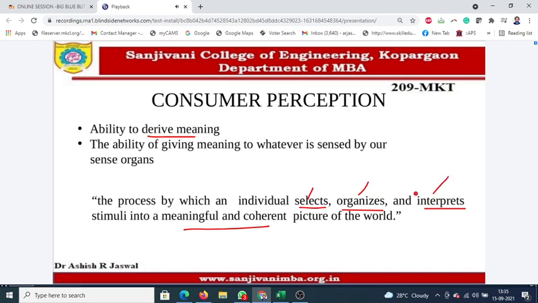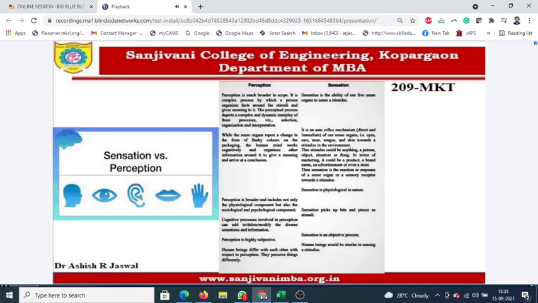But most people use the words perception and sensation interchangeably. Let us understand in the next slide the difference between perception and sensation.